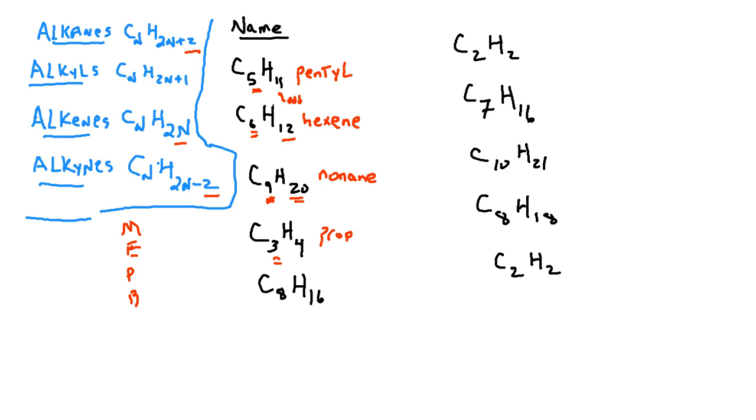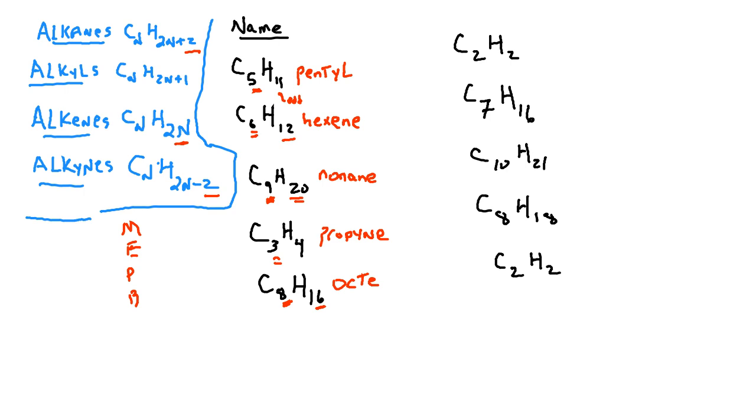Here we have 8. 8 is oct. So N is 8. 2 times 8 is 16. So it's N, 2N, octene. ENE ending. It's an alkene. Okay. Here we have 2.